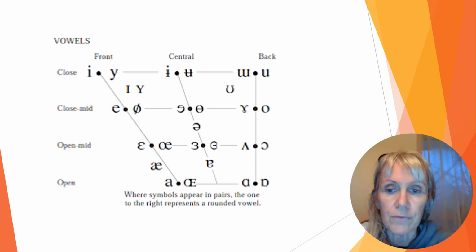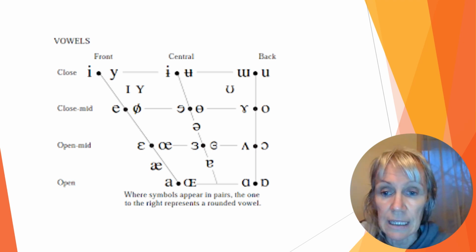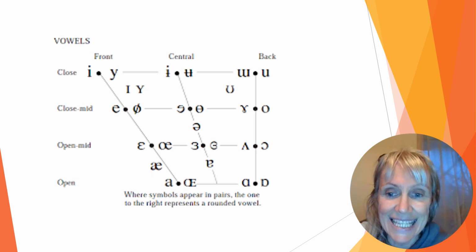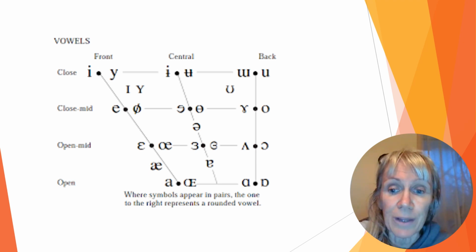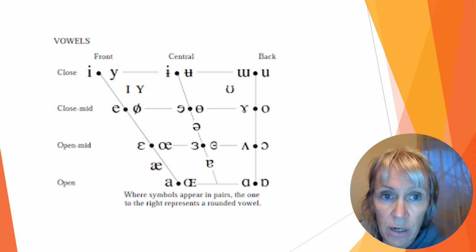And let's just look at the first few of them. Not all those phonemes will be used in Canadian English. The I and the Y will be, and that's the E sound. So when we have the I and the Y together in Canadian English phonetic symbol, we will have the double E sound. We will not use the I and the U with the slash across them under central.